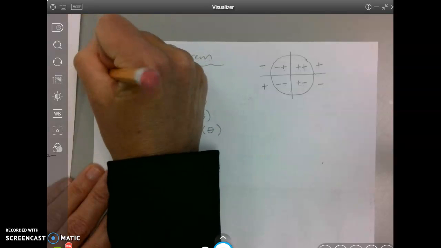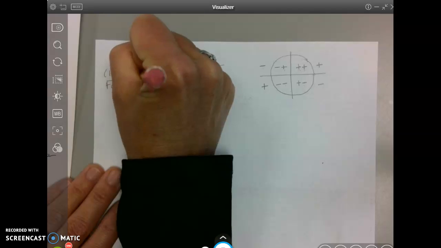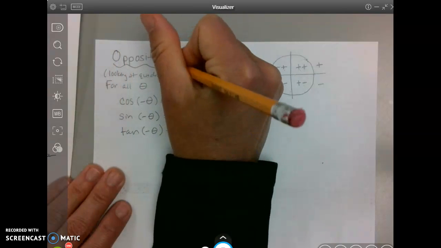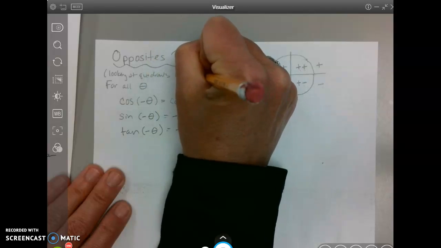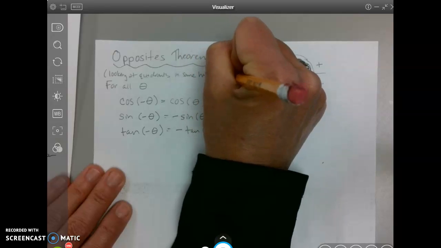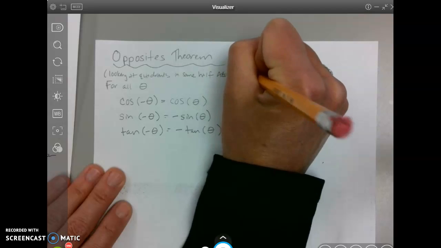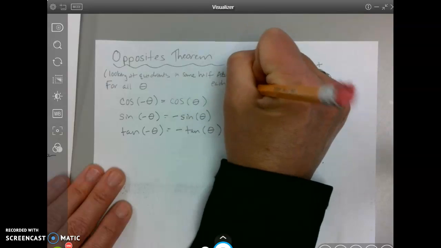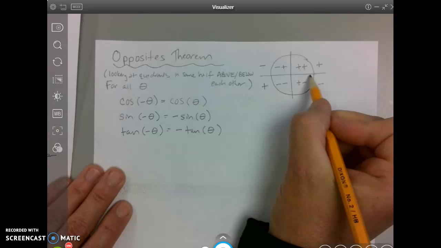So we are looking at quadrants in the same half, above and below each other. That's what we are looking at when we look at the opposite.